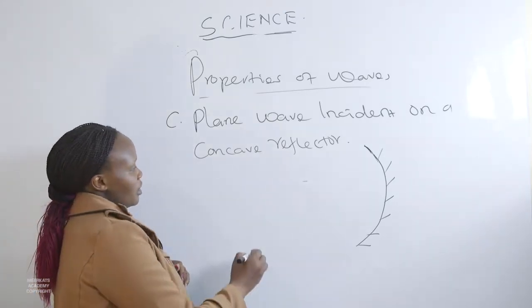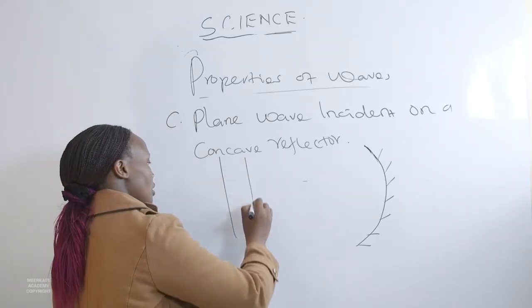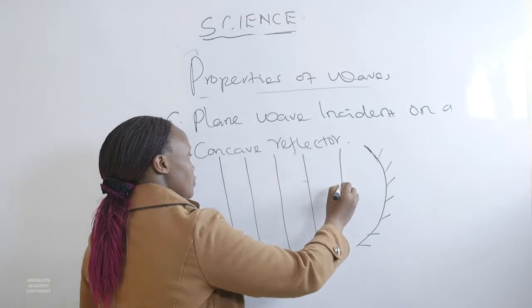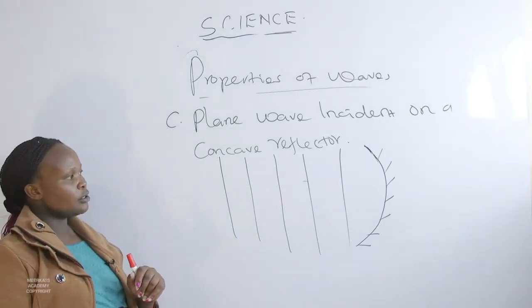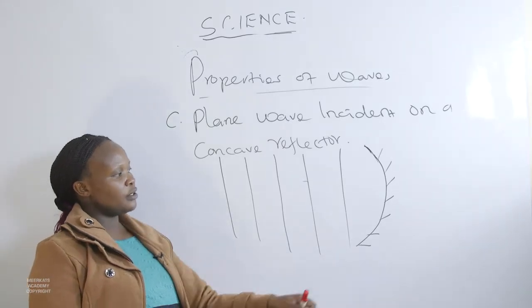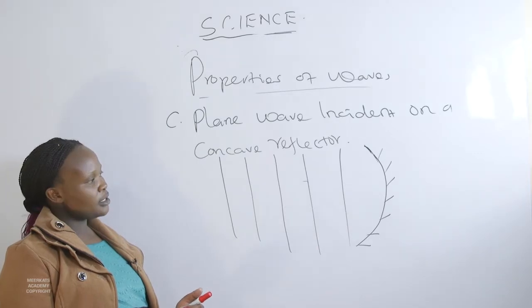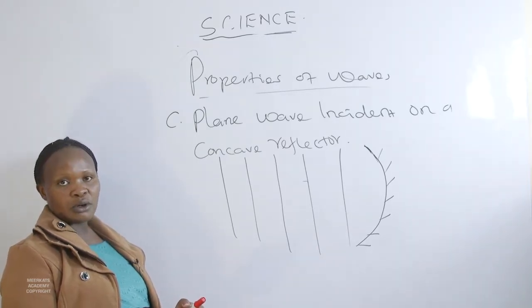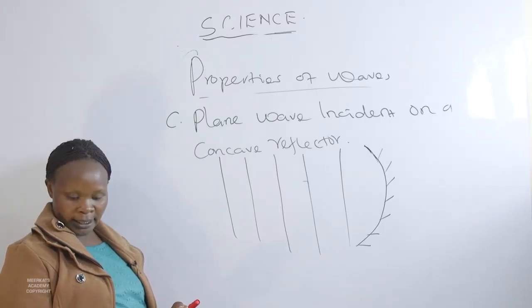Now let us consider these plane wavefronts. The plane wavefronts come across a concave reflecting surface. Now, what we expect from this reflector is that it's going to converge our wavefronts before they spread again.